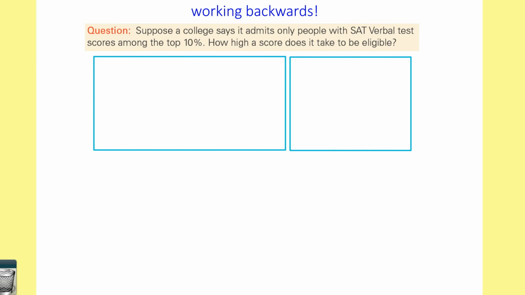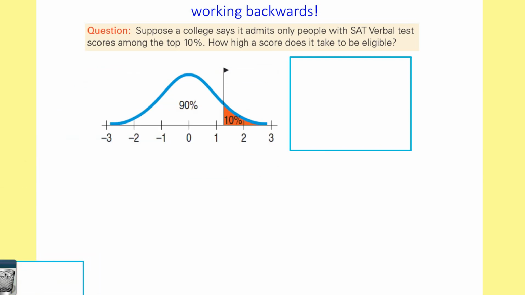So, what if we had to work backwards? Suppose that a college wants your scores to be in the top 10%. How are we going to go about doing something like that? Again, I'm all about pictures. If we think about the normal curve, we want the upper 10%. So we want to figure out what that z-score is.